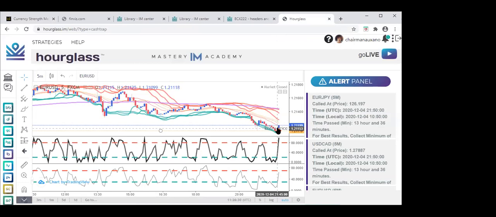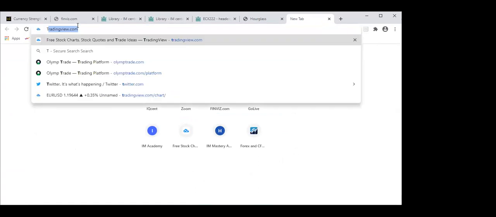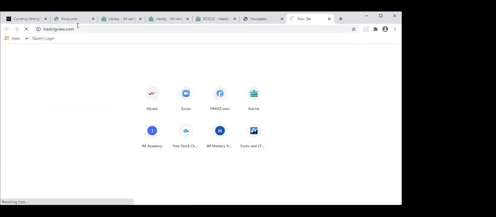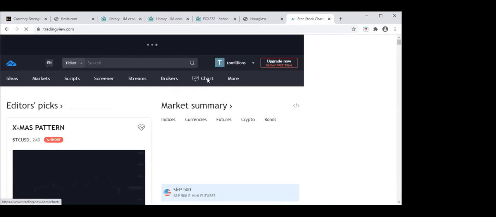You are at step 2. Step 3, you go to your TradingView quickly. If you are new, open a free TradingView account. When you open a free TradingView account, there's an indicator you look for.